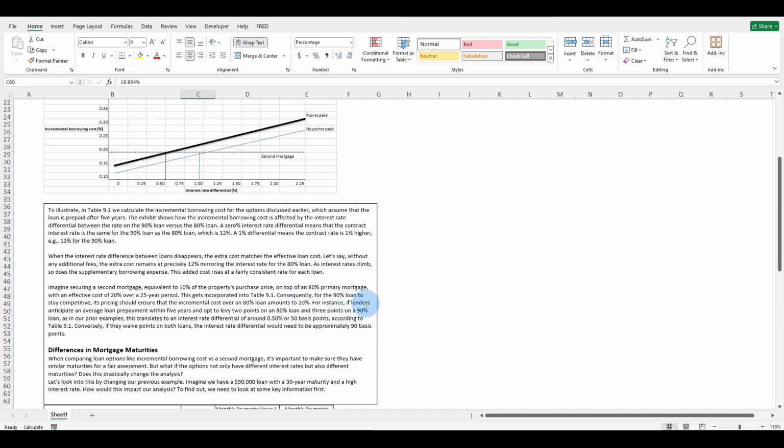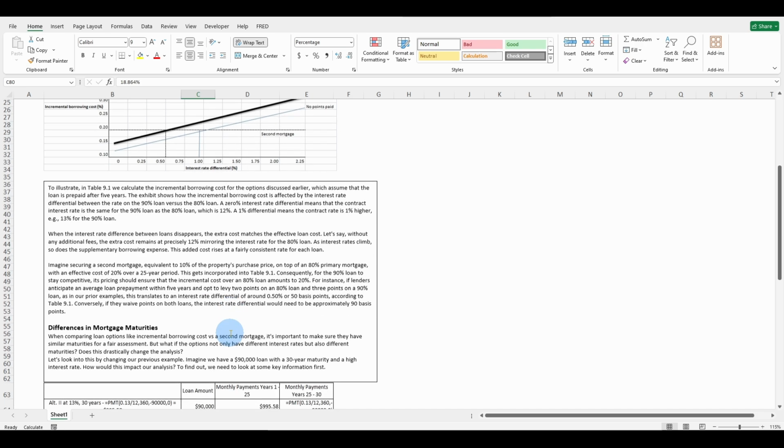For instance, if lenders anticipate an average loan prepayment within 5 years and opt to levy 2 points on an 80% loan and 3 points on a 90% loan, as in our previous examples, this translates to an interest rate differential of about 0.5%, or 50 basis points, according to Table 9.1. Conversely, if they waive points on both loans, the interest rate differential would need to be approximately 90 basis points.